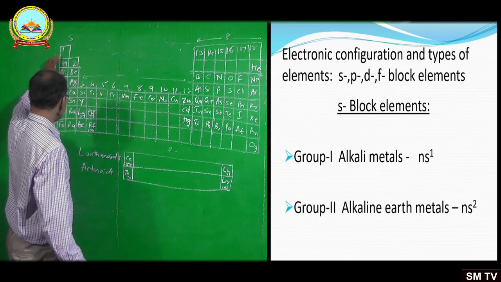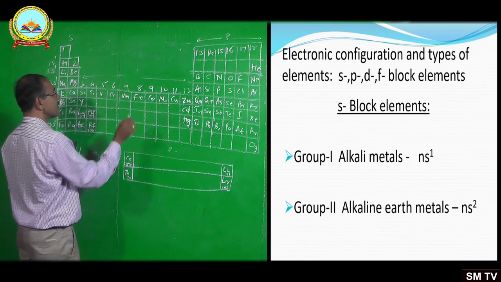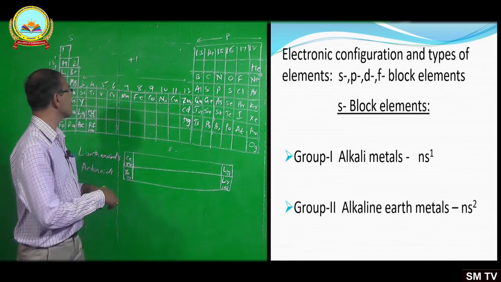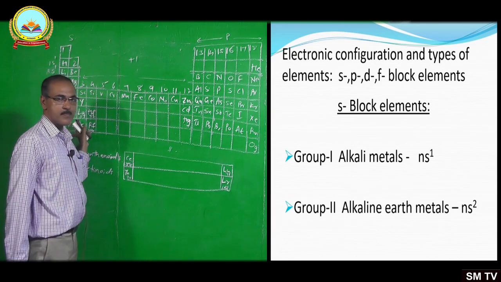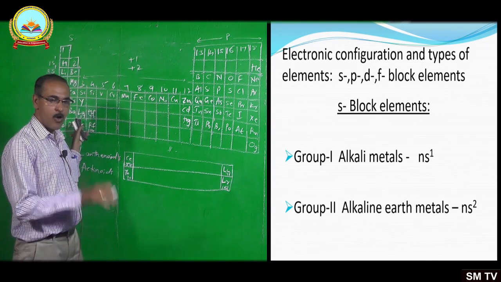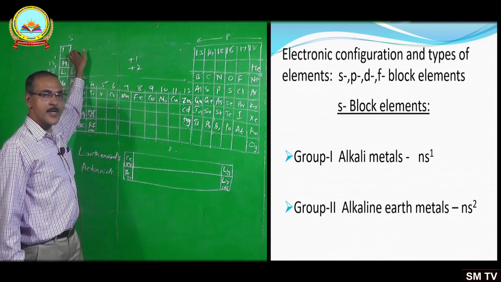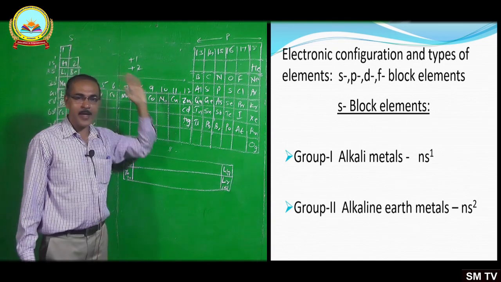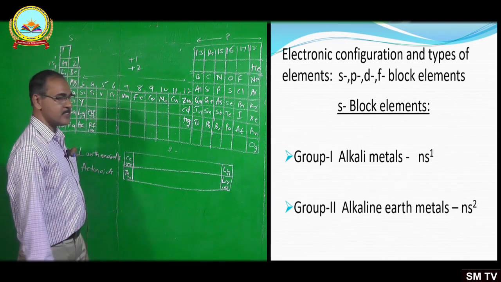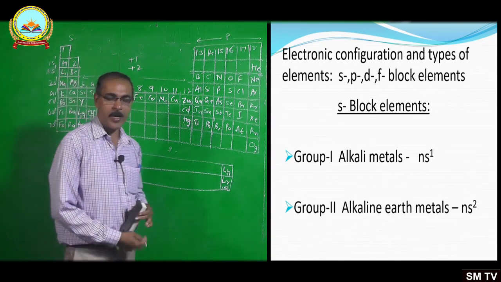Similarly, the first group elements always exhibit the oxidation state +1 in all their compounds. The second group elements exhibit the oxidation state of +2 in all their compounds. Collectively, group 1 and group 2 metals are strongly metallic in nature. Metallic property increases on moving down the group. So, that is about the S block elements.